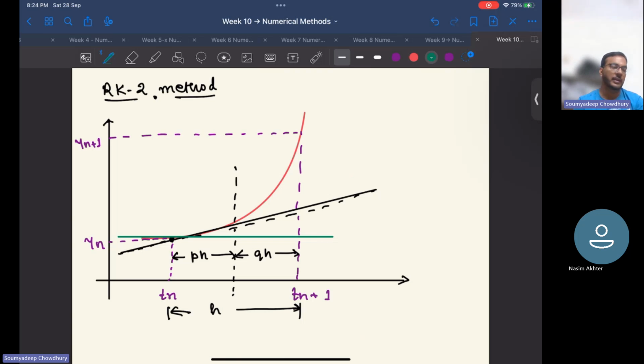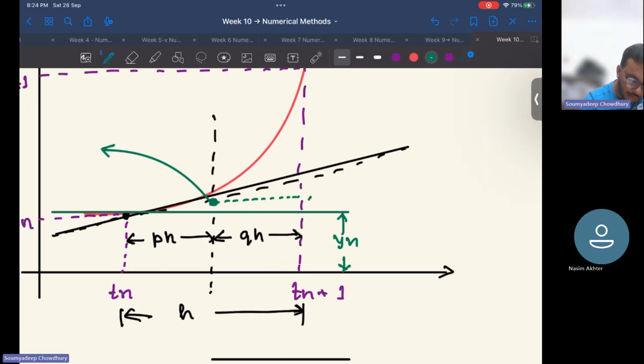Okay, so this is the YN line, right? This is my YN, correct? And this is YN plus 1, which I've already marked. So now this is my QH, right? And this point is my second point where I am trying to evaluate the slope, correct? This coordinate, it is difficult, I'll just zoom in.